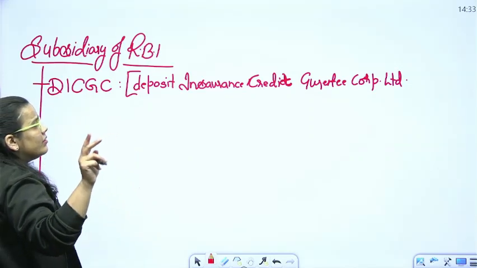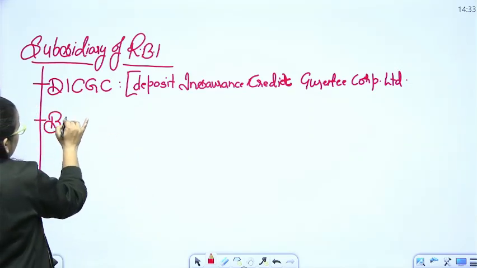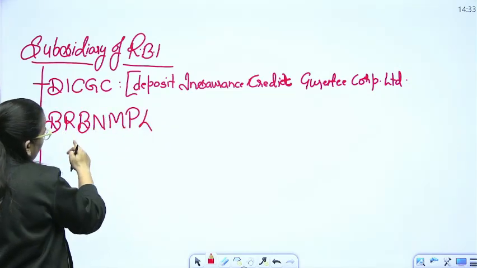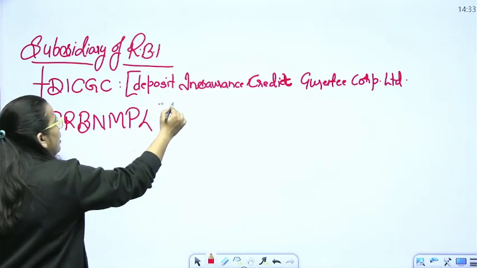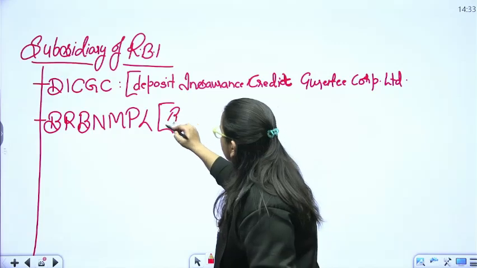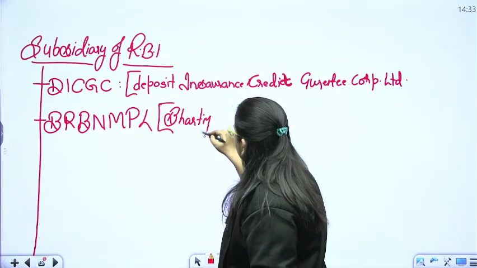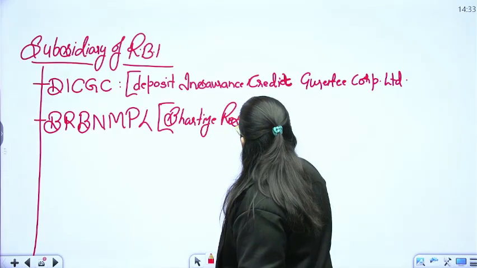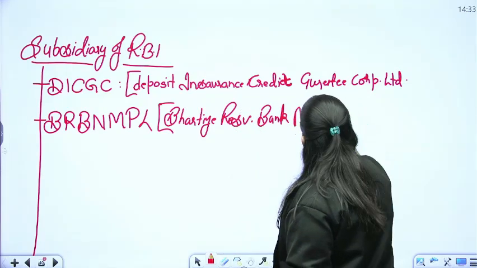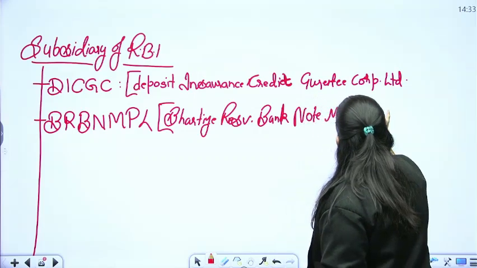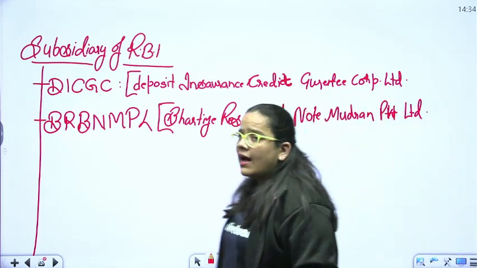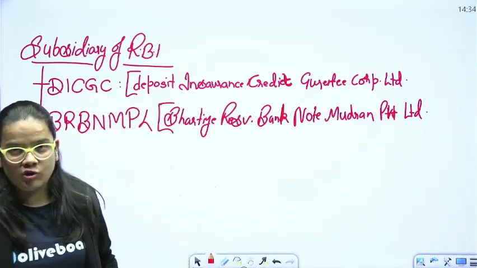The second subsidiary of RBI is BRBNMPL. BRBNMPL stands for Bharatiya Reserve Bank Note Mudran Private Limited. Okay, this is the second important subsidiary of RBI.